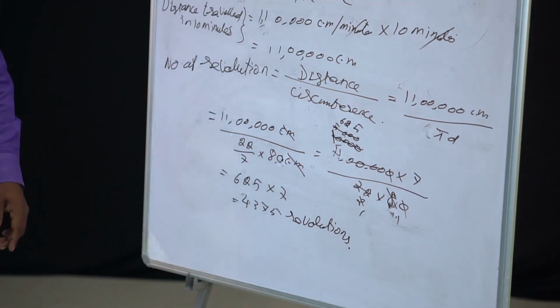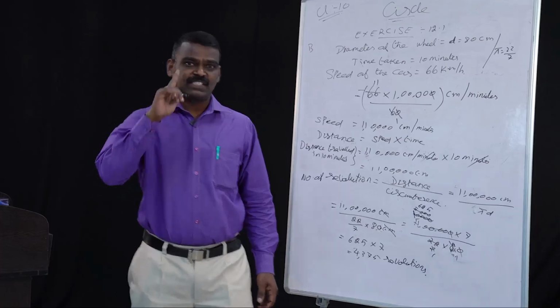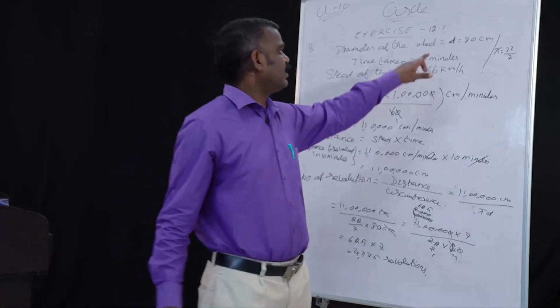So, the wheel of the car, how many times has it rotated? 4,375 times it has rotated in 10 minutes.